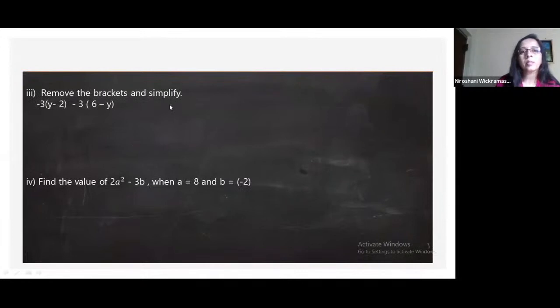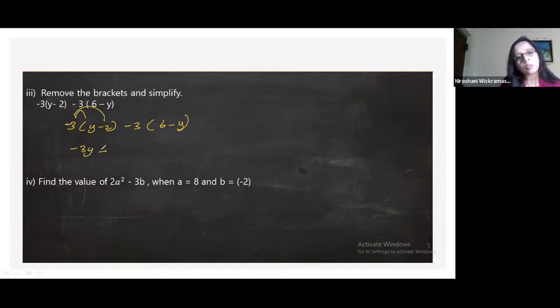Remove the brackets and simplify. Minus 3(y minus 2) minus 3(6 minus y). So 3 times y, minus 3y, minus 3 times 2, minus into minus plus, 3 times 2, 6.